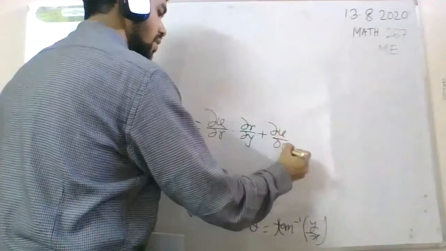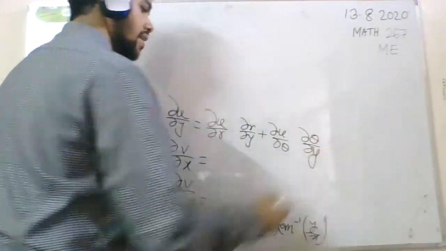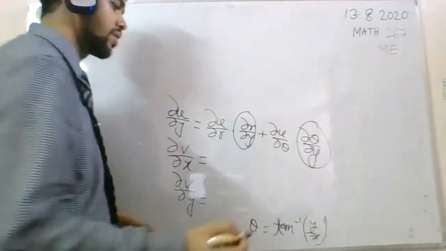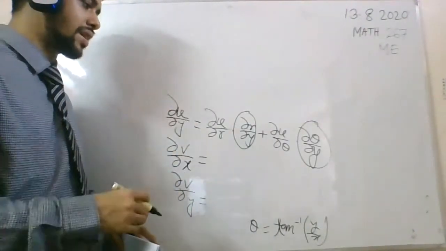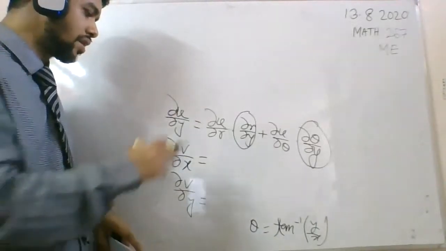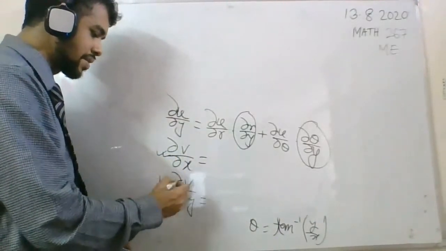Yes, so del u by del theta, also del theta by del y. Again, you know the value of these two terms, del r by del y and del theta by del y, and put those values, and you can get another equation. After that you also find del v by del x and del v by del y.